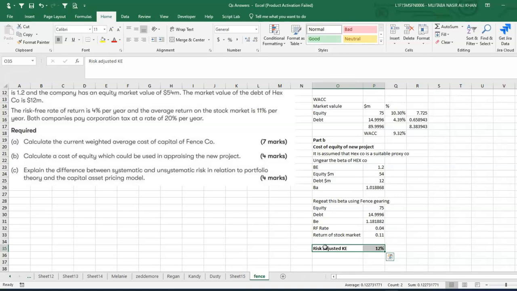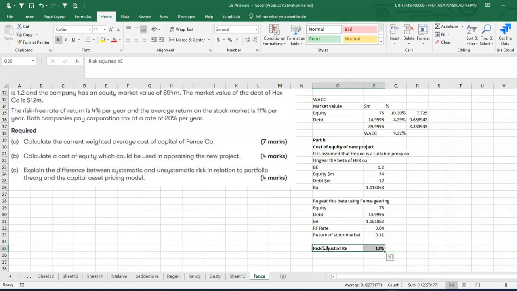Unsystematic risk is the risk related to the individual factors of a particular company. It is specific to each company. For example, the key employee left the company. For example, the employee went on strike. Those are the unsystematic risk. You can diversify the unsystematic risk by investing in different companies by making a portfolio. So unsystematic risk can be diversified away.